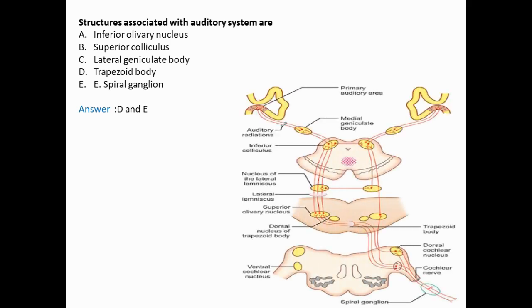When you look at this diagram, you can interpret that inferior olivary nucleus is not part of the auditory system; it's the superior olivary nucleus. The superior colliculus and the lateral geniculate body are parts of the visual system, while trapezoid body and the spiral ganglion are parts of the auditory system. So the answer is D and E.